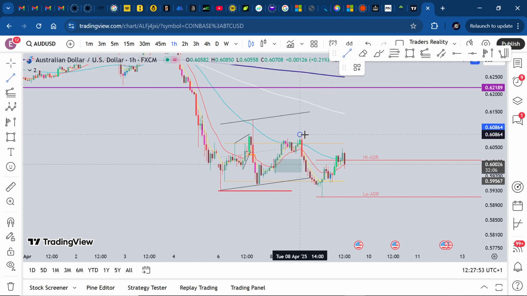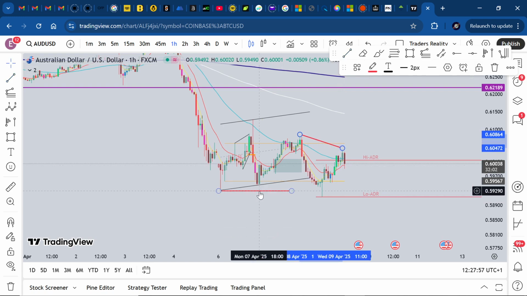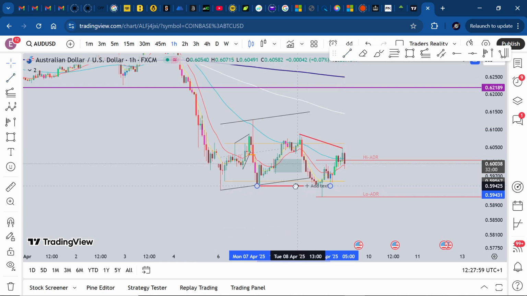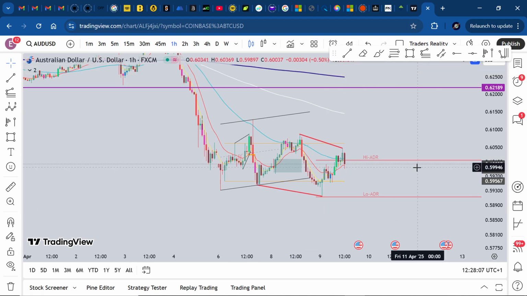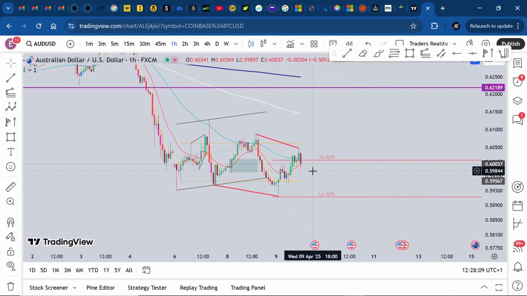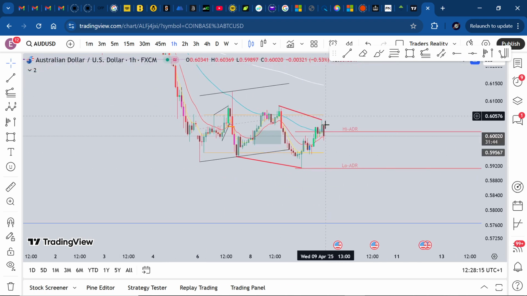That would be 2. This would be 4. This would be 1. And this would be 3. And as you can see, if you drew the lines out indefinitely, they would cross the lines of convergence. There's a good chance we get an ending diagonal here. So a 5-wave move down that takes the low.